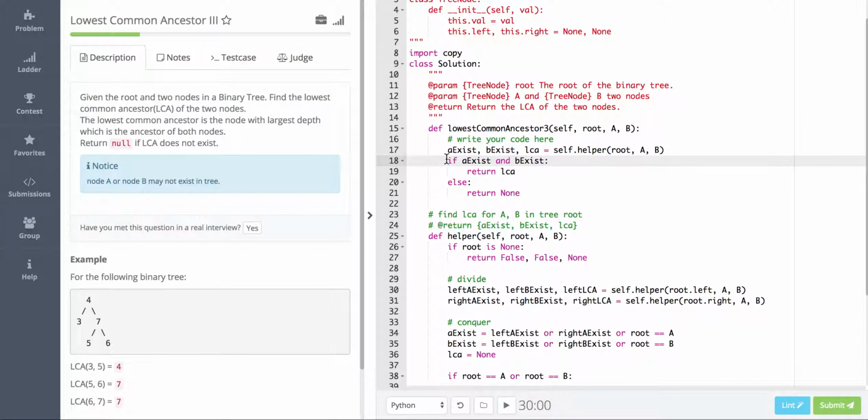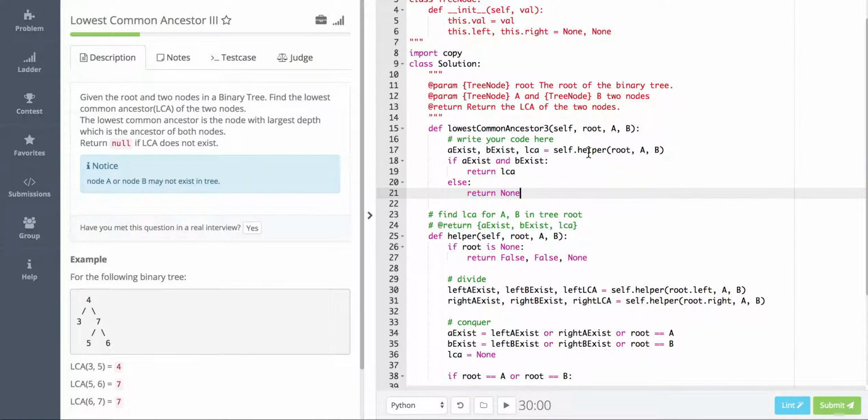If both A and B exist, we're going to return the LCA because the LCA calculated is valid. But if one of A and B does not exist in the given tree, we just return none. So this is the basic framework.